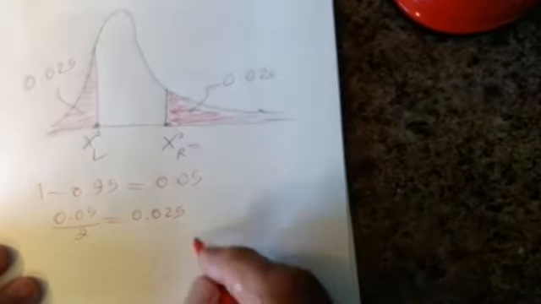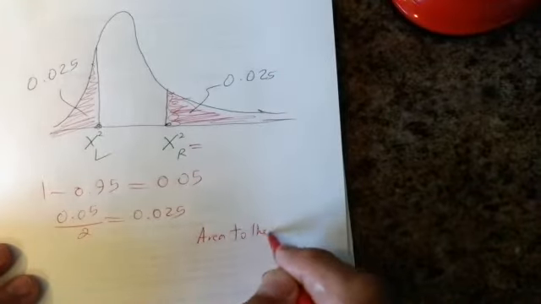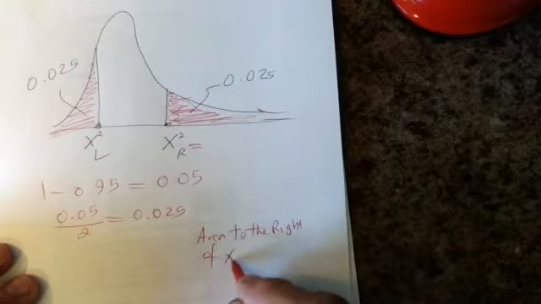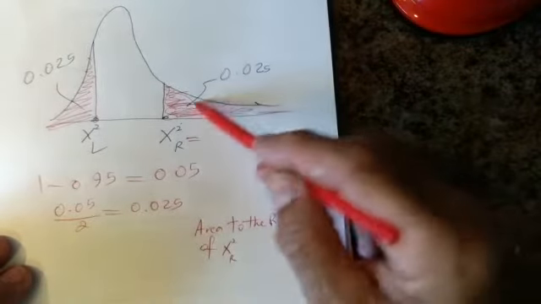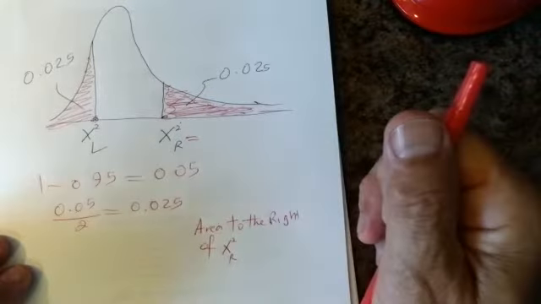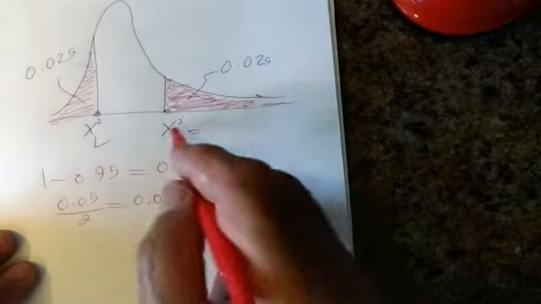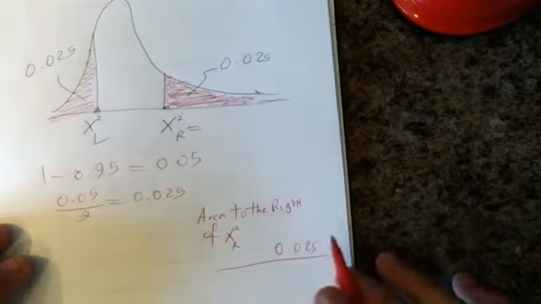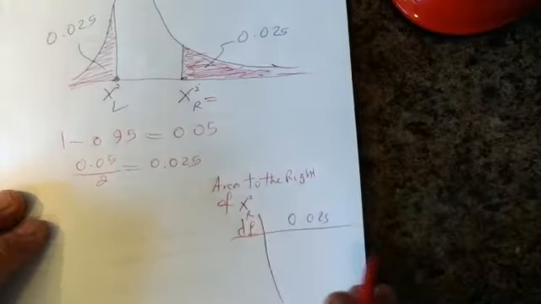On the table, it says area to the right of the critical value, let's say the area to the right of X2R. What area is to the right of this? It's 0.025, okay? So the area to the right of X2R is 0.025. And df, which is n minus 1, since n is 22 in the problem, is 21.